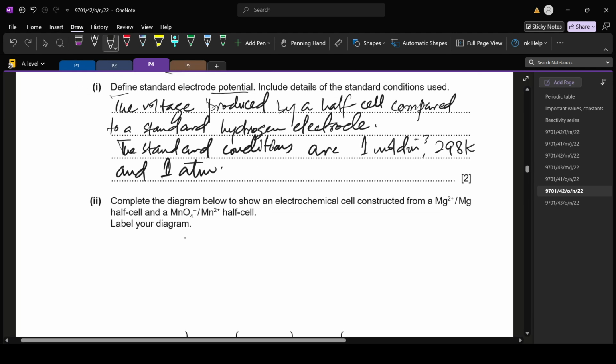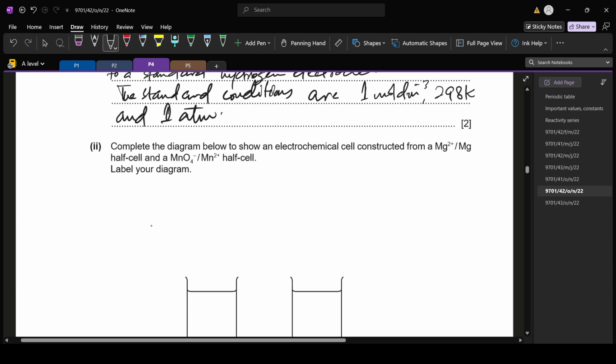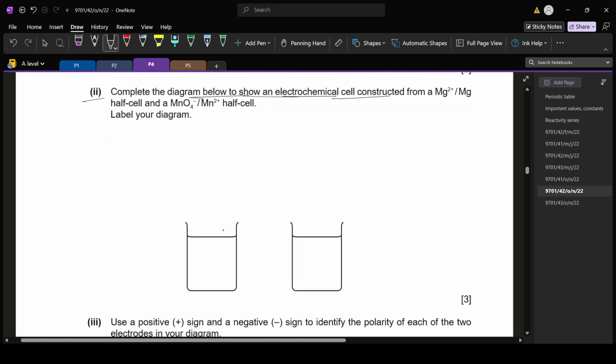Now part 2, complete the diagram below to show an electrochemical cell constructed from the magnesium half cell and the MnO4 half cell. So let's make the magnesium electrode over here. This is the magnesium electrode.